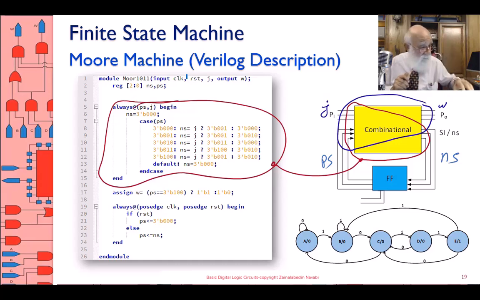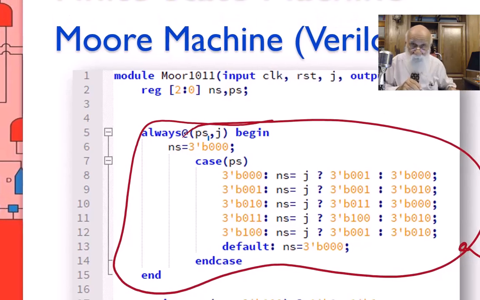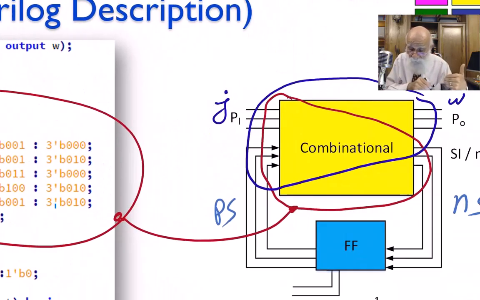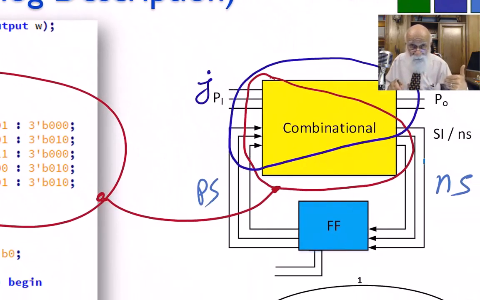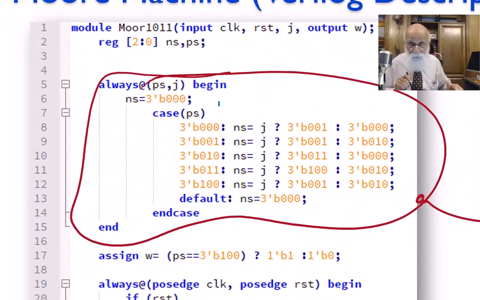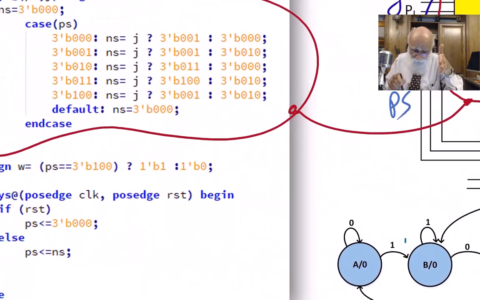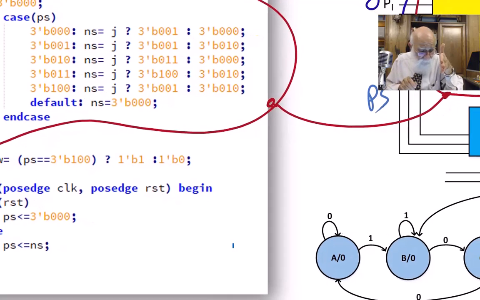Notice the sensitivity list: J and PS as input. The output of it is only next state. As soon as you come in, set next state to all zeros on line 6. Then look at the case. The case looks at the present state.